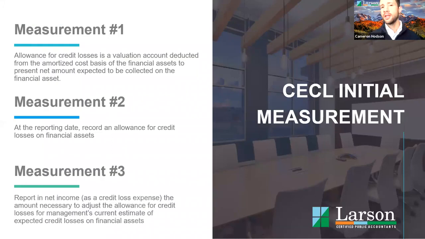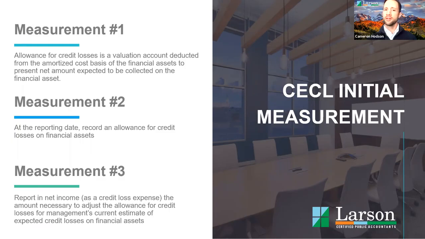So there's definitely a lot of details in the CECL guidance. And as I mentioned, we have a couple years to get ready for that. We're not going to be showing any journal entries per se in this training, just to give you a high level of what to expect. So with that, a couple measurement points that will occur. I mentioned an allowance account.